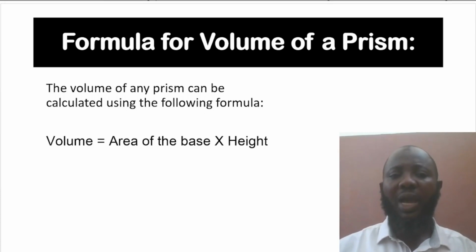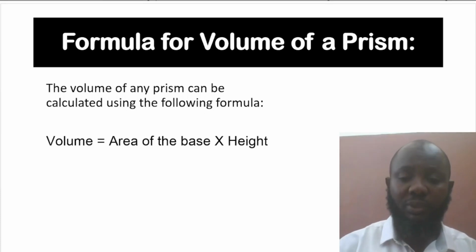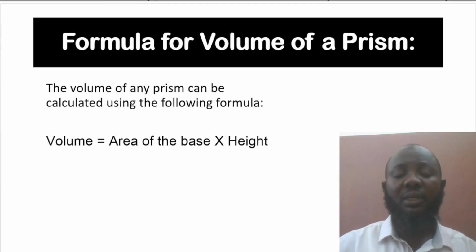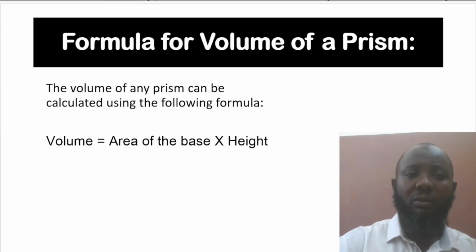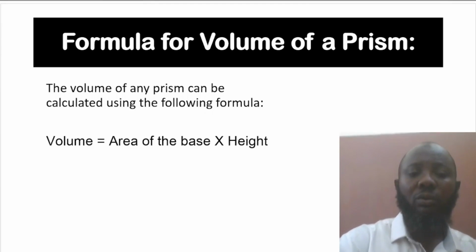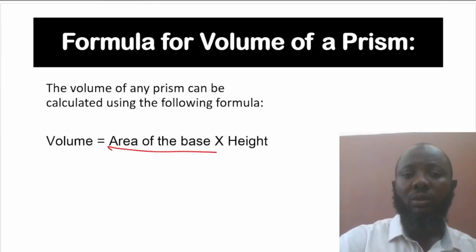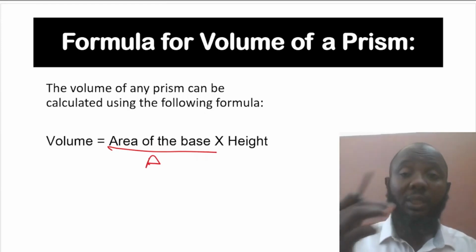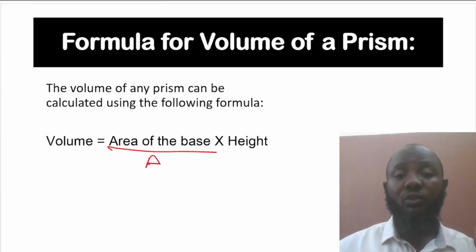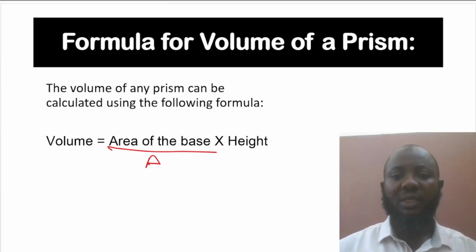Which means if you have a triangular prism, you're going to find the area of the triangle, times the height of the prism. That is the perpendicular distance between the base and the top of that prism.